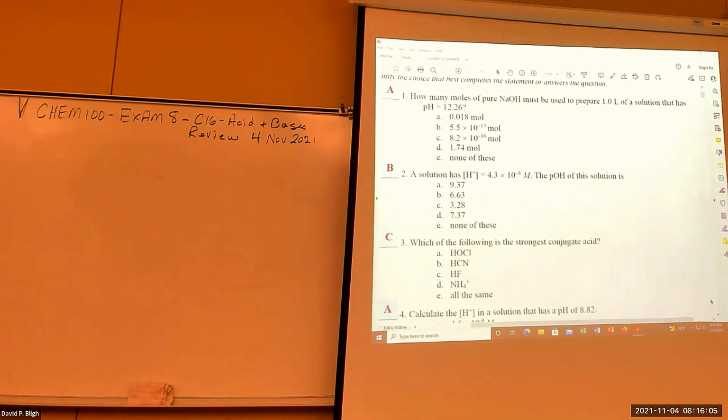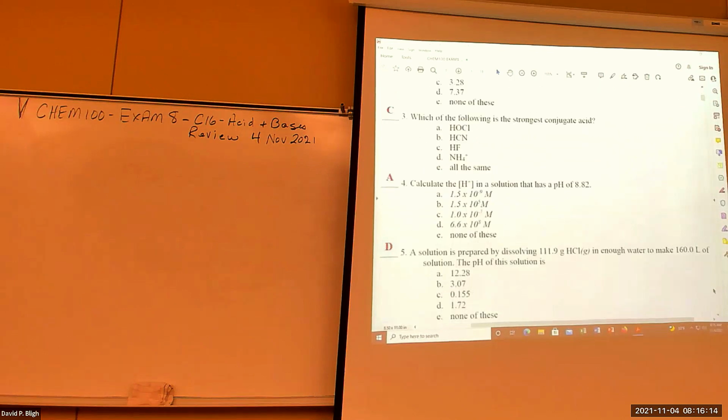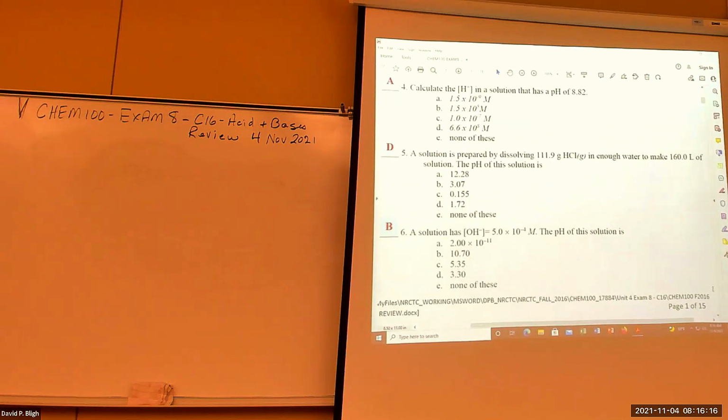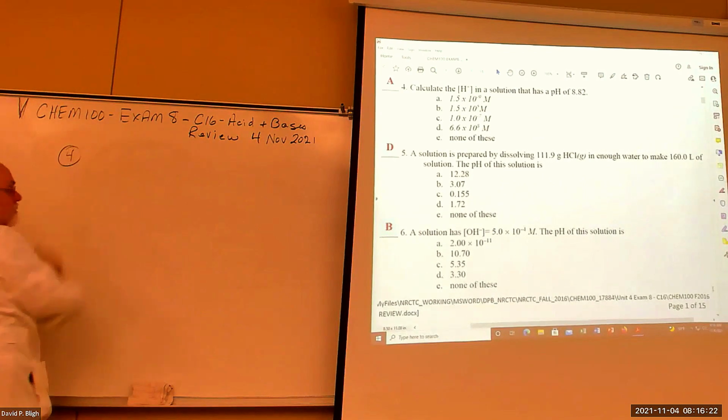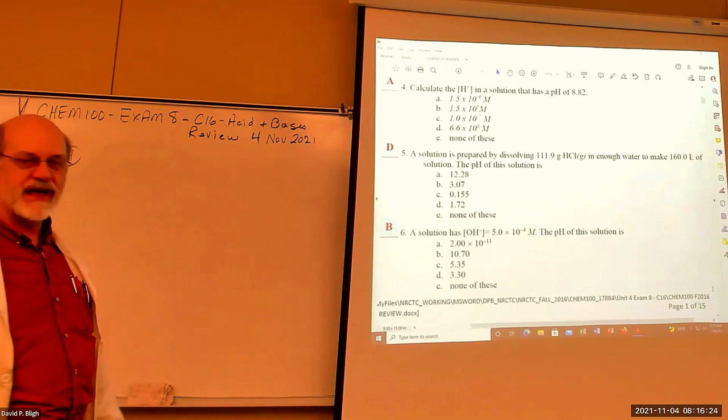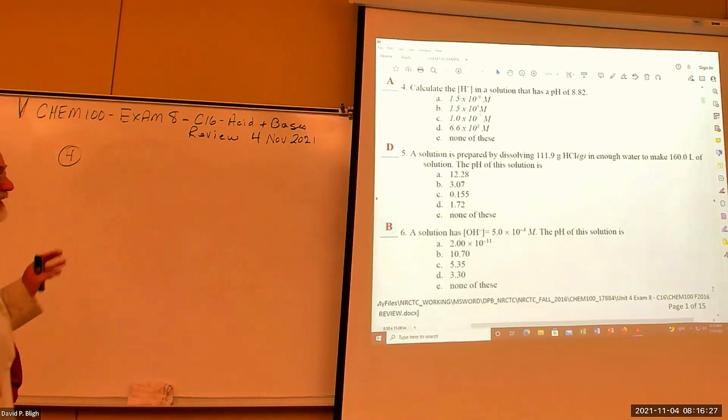Let's move on down to number 4. I'm going to have to scroll that one, otherwise it'll chop the top off of it. Here we go. So number 4. Calculate hydrogen ion concentration. That's what that means.